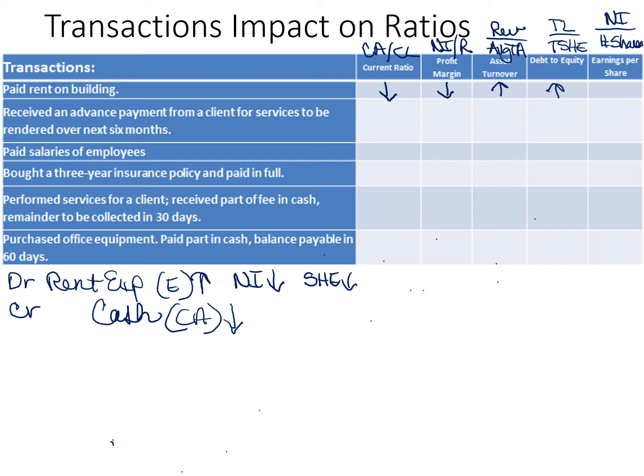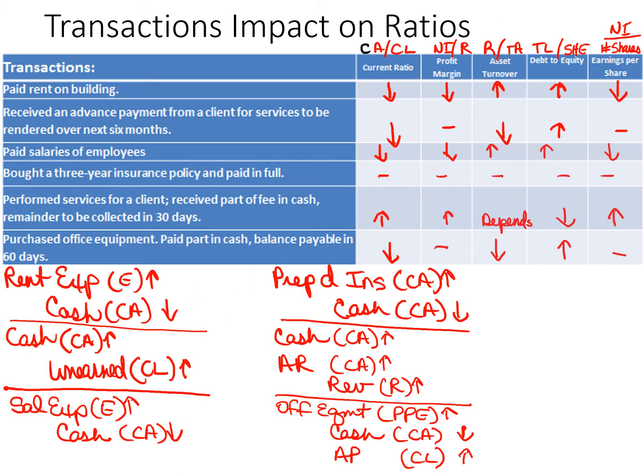Net income, we said, is decreasing, so my earnings per share will decrease. That's kind of what we're going to do here. First figure out what the entry is, then figure out what it does to each and every one of those ratios. All right, so we've done the first one.